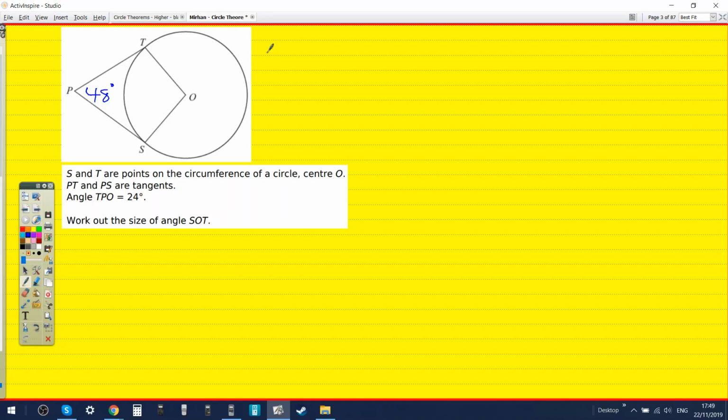No. Looks a lot bigger. Okay. Is the exterior of angle O 360 minus 48? No, that would only be true if this was 48. Is there any other blanks you can fill in?